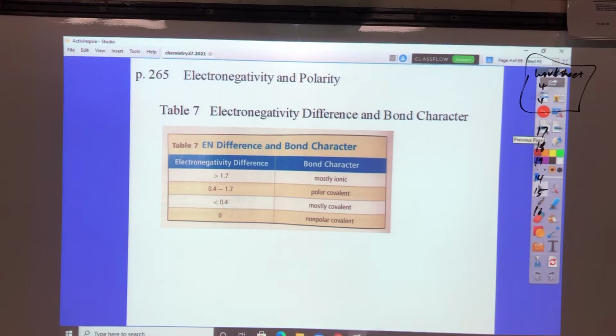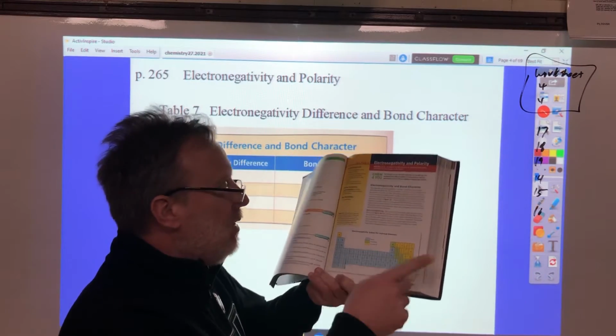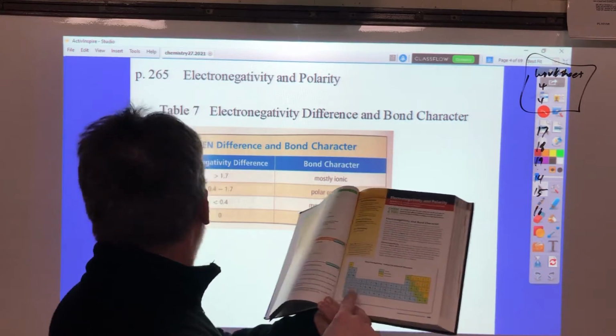Somehow it didn't get in there. Let's see, page 265. This one. This periodic table of electronegativity, so I need to get that in the notes.